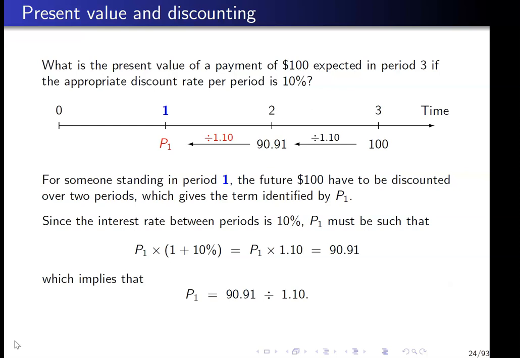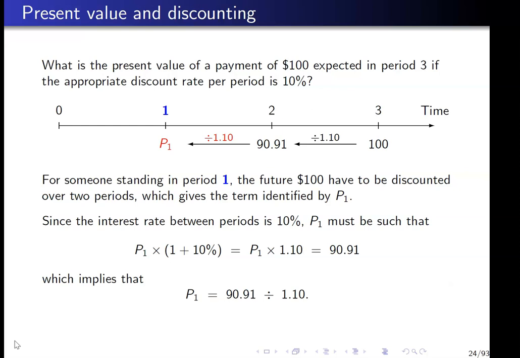If the price of $100 to be received at time 3 when we are standing in period 1 is represented by P1, then P1 is what would have to be invested over one period to obtain 90.91, that is P2.